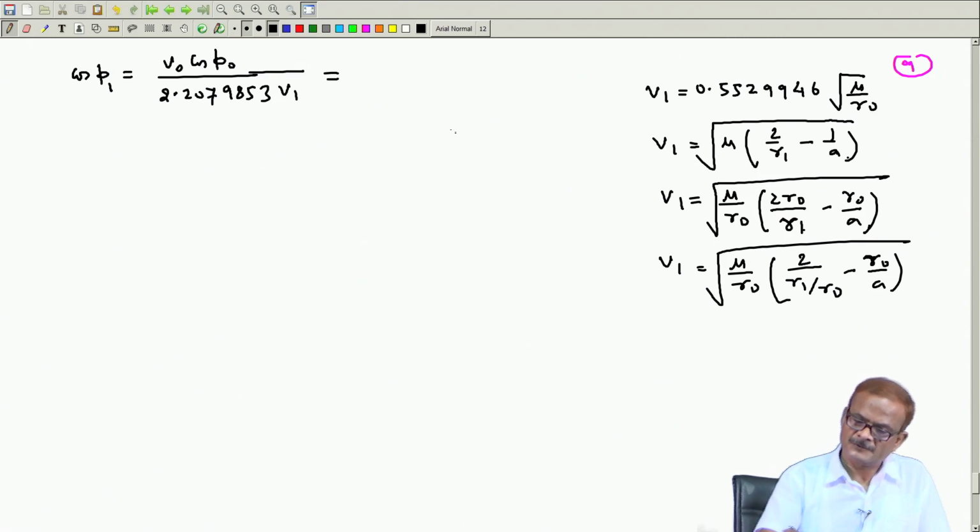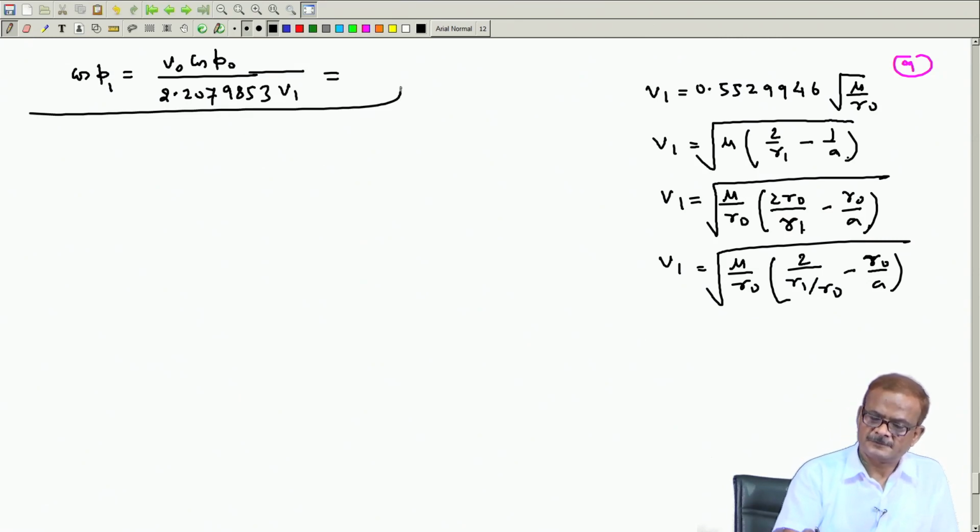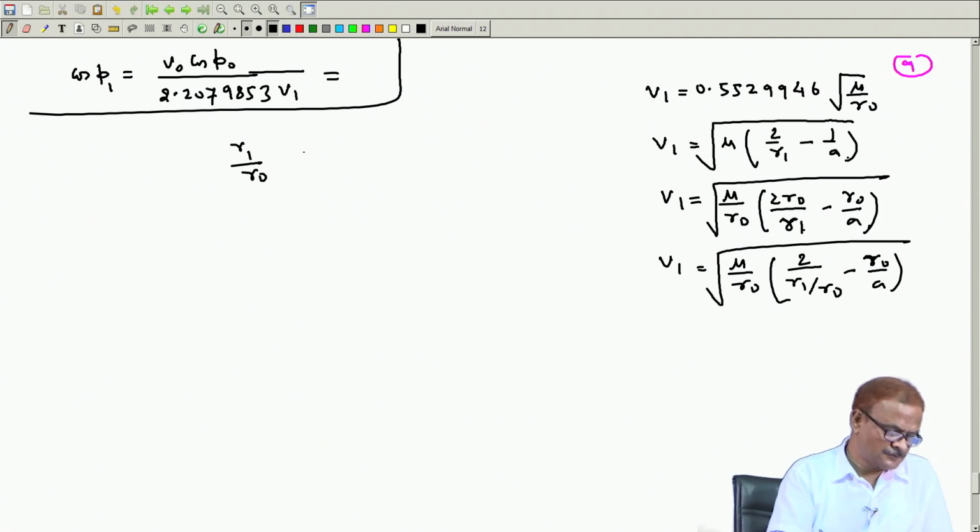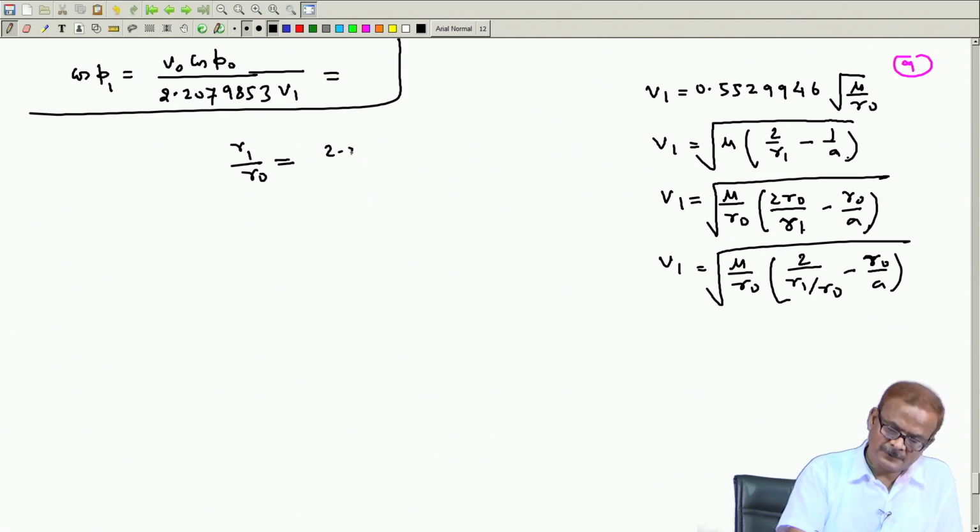R 1 by R 0 we have already determined; this is 2.2079853, as we have written here.